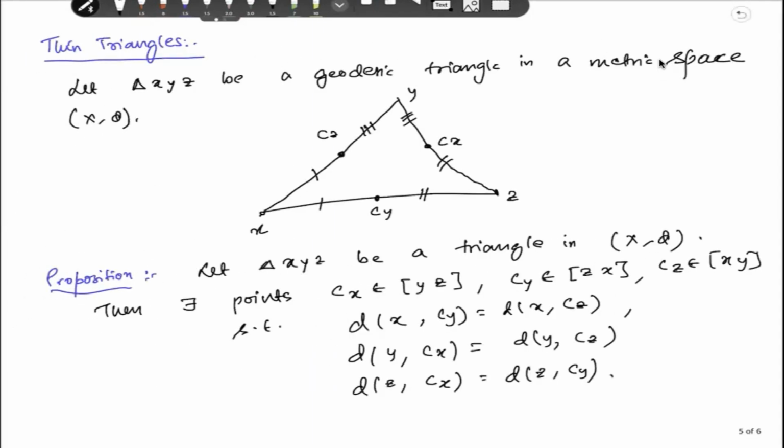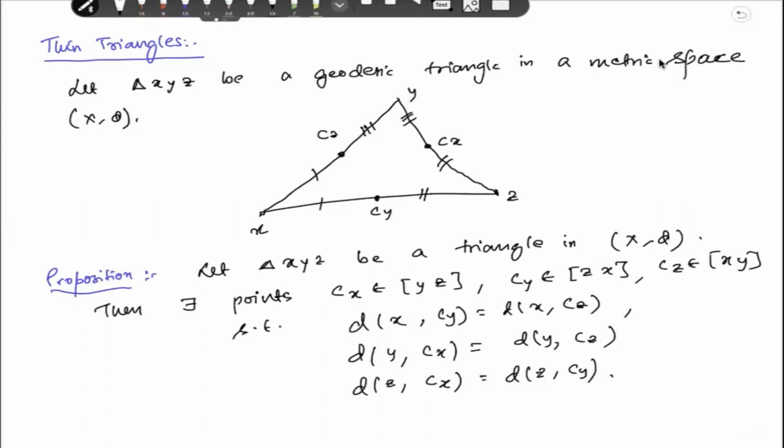So let us write. We need to find these points CX, CY, CZ. This we will get with the help of linear algebra. So let us see this.